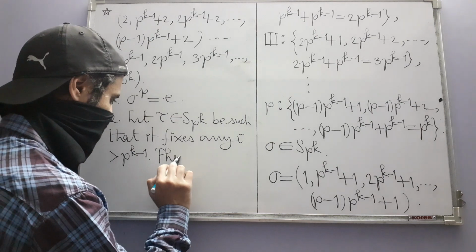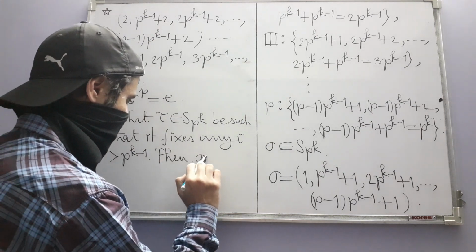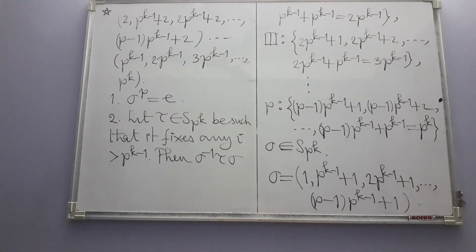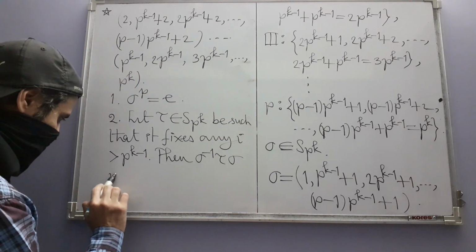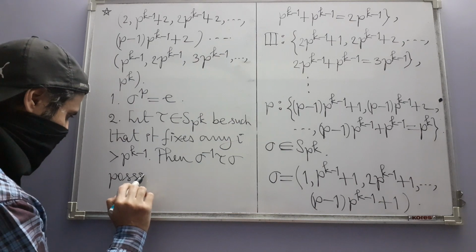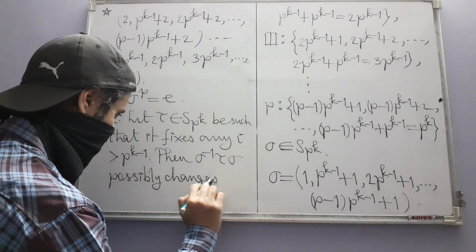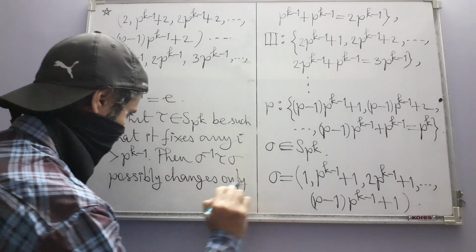Then sigma inverse tau sigma possibly changes only elements of the second clump.